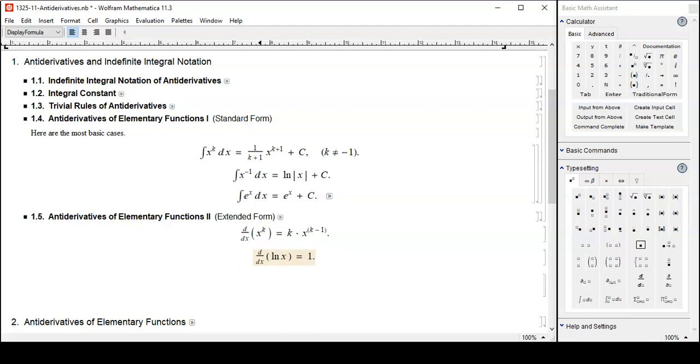It's 1 over x, isn't it? Or equivalently speaking, negative first power. So we have this rule. So for power function, in general, it works like this. Add 1 and divide. But when k is -1, we have log function.